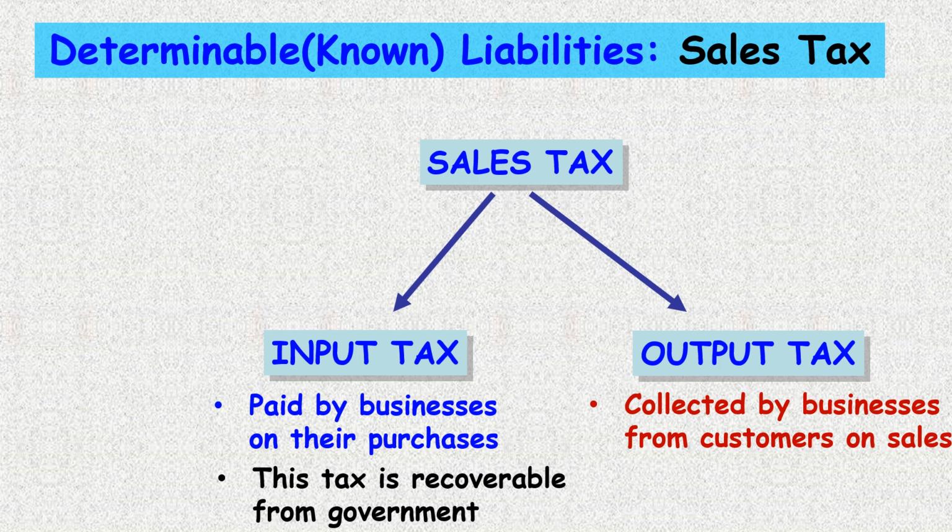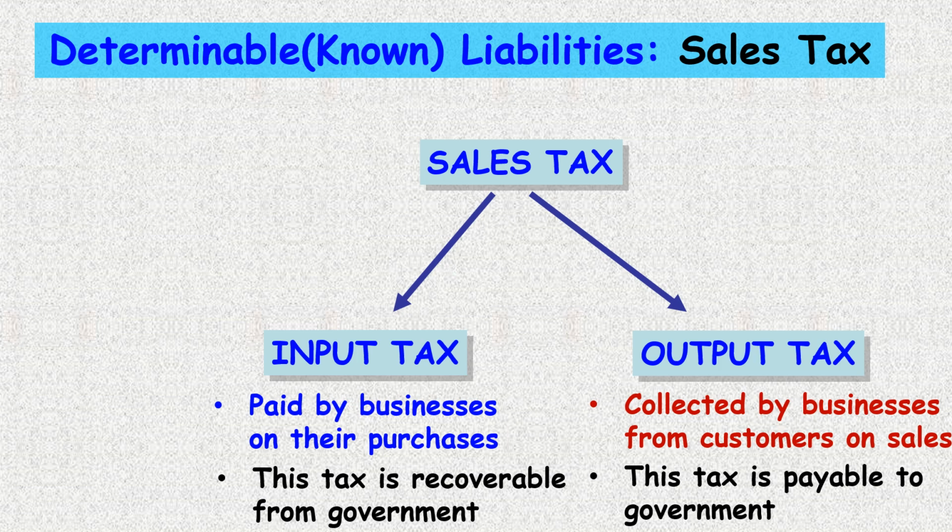Generally, the taxes that are paid by the businesses on their purchases, i.e. the input tax, is recoverable from the government. That is, the government will refund the business for whatever taxes it has paid on purchases. On the other hand, the output tax is payable to the government.